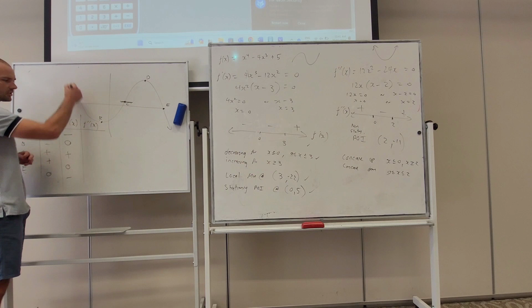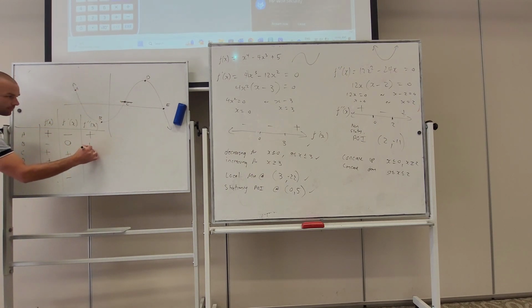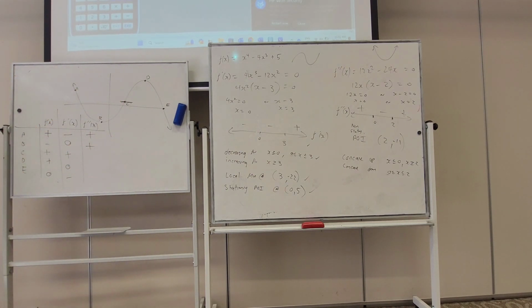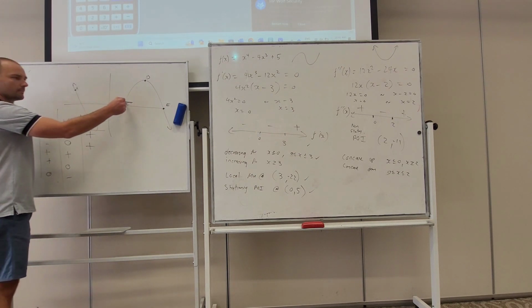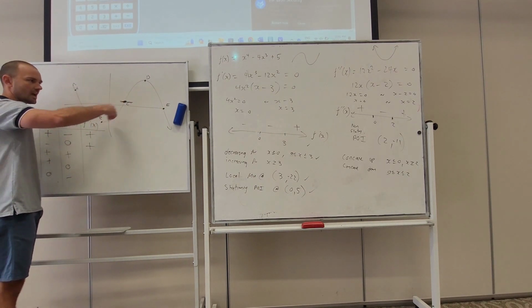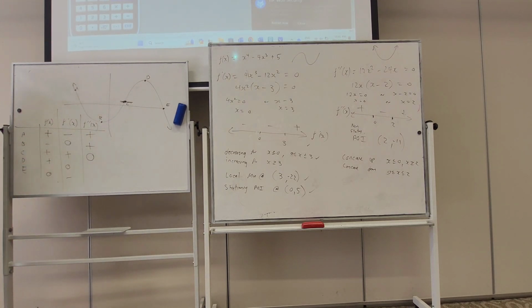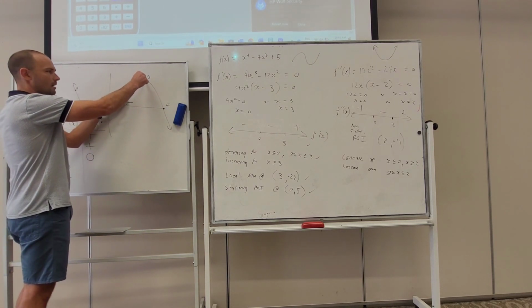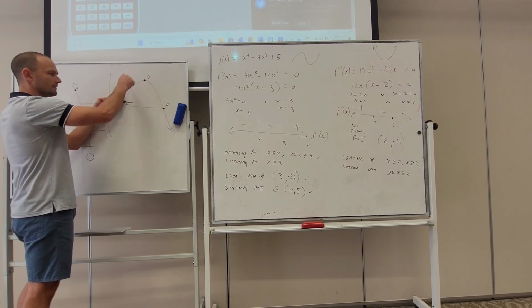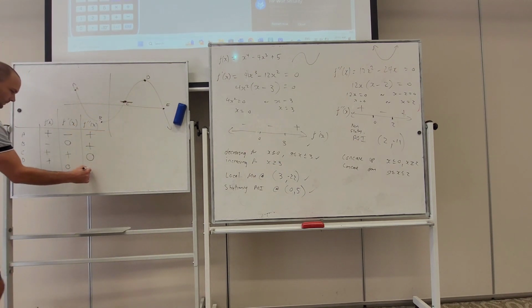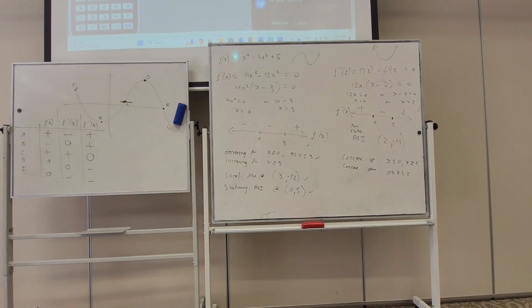That's where the point of inflection occurs. So point A and point B are both concave up. Point C is the point of inflection. That's where it changes shape. That's going to be the root on the second derivative. So that is 0. And then we can see it's concave down. It has a concave down shape over this interval. So that's how we do question 1.